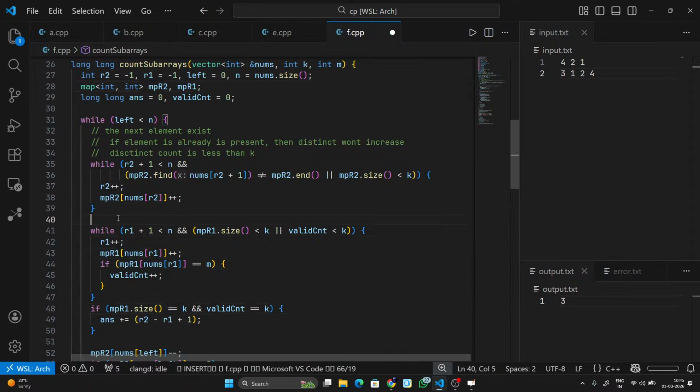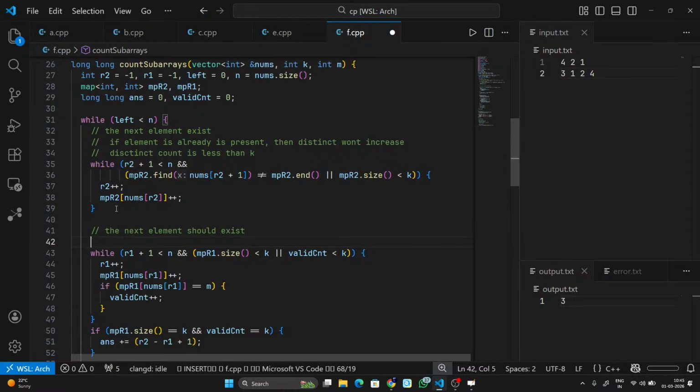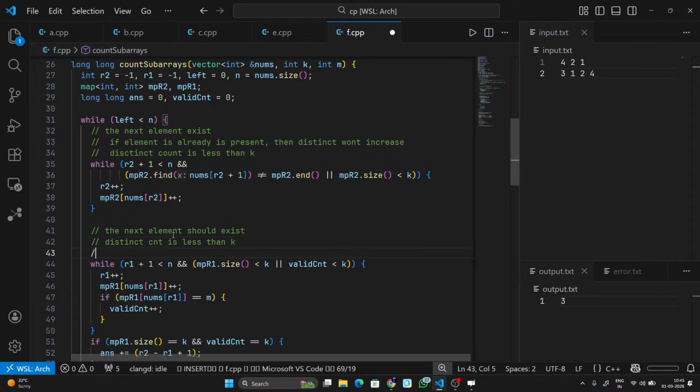So here also I am checking some conditions while incrementing R1. The first would obviously be that the next element should exist. The second condition would be that the number of distinct elements is less than k. If the number of distinct elements is less than k, then I will have to increase the range. Now there is one more variable which I have created, which is valid count, and that valid count will keep track of the number of elements with frequency greater than or equal to m.